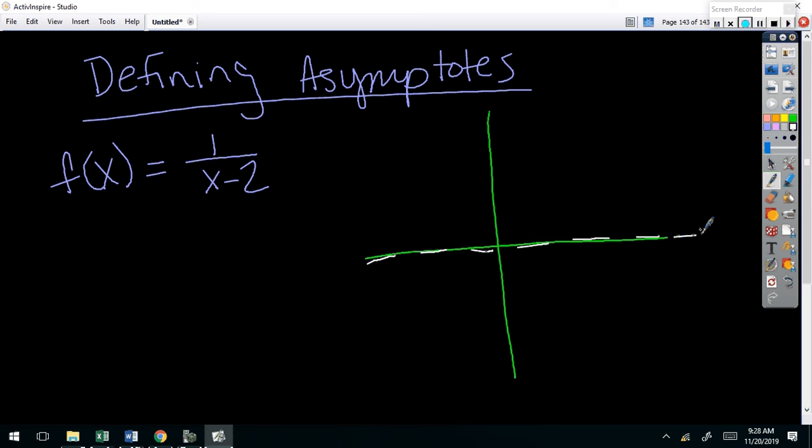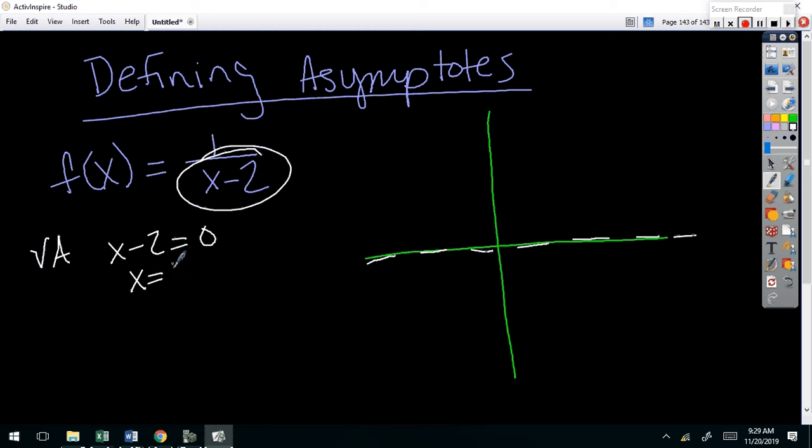Yes. Where? What's the equation of the vertical asymptote? Positive 2, right? It's where the bottom would be 0. So I say, okay, where is x minus 2 equals 0? So it is at 2.